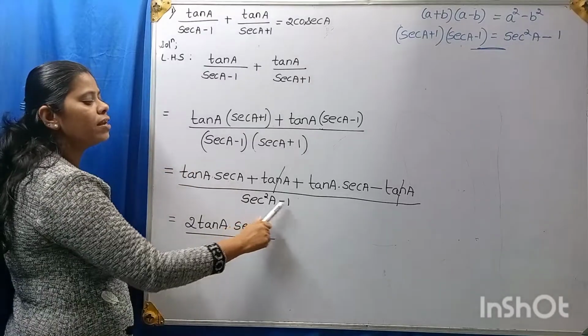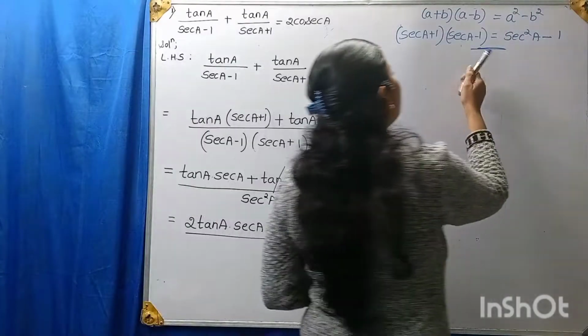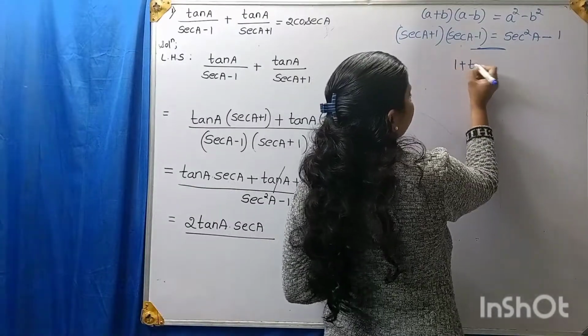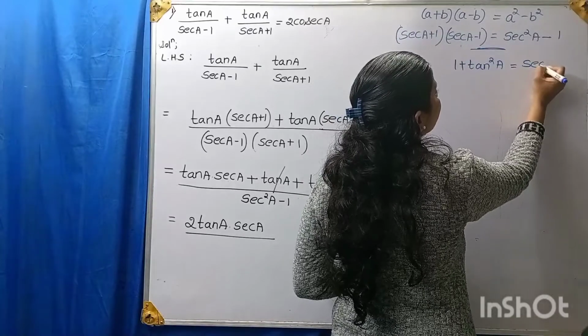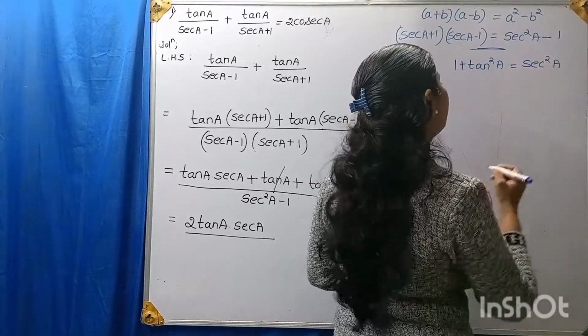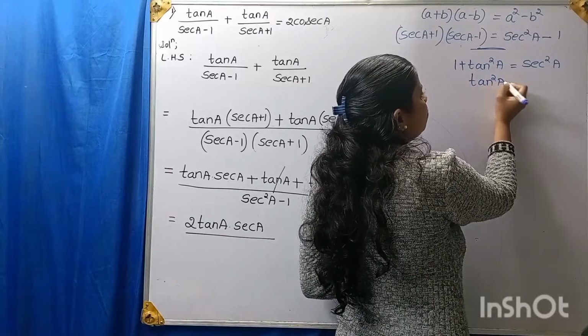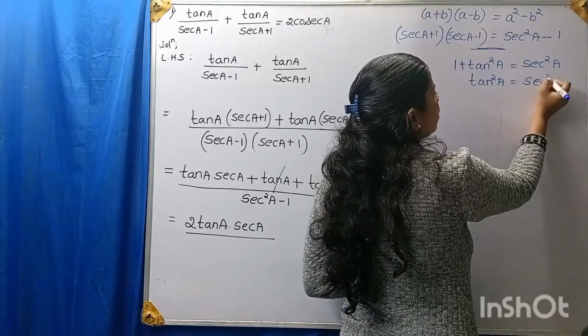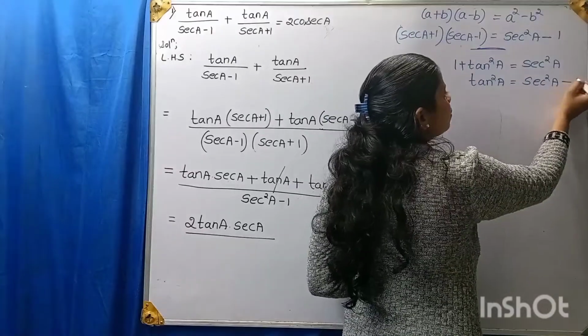Now, secant square A minus 1. We know the formula 1 plus tan square A is equal to secant square A. Therefore, tan square A becomes secant square A minus 1, when the plus 1 comes to this side.